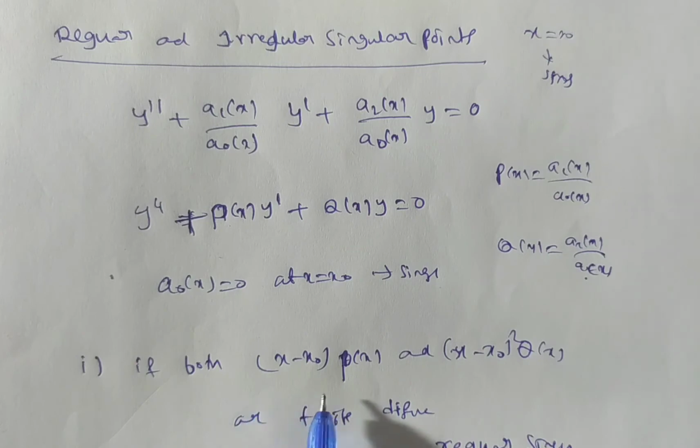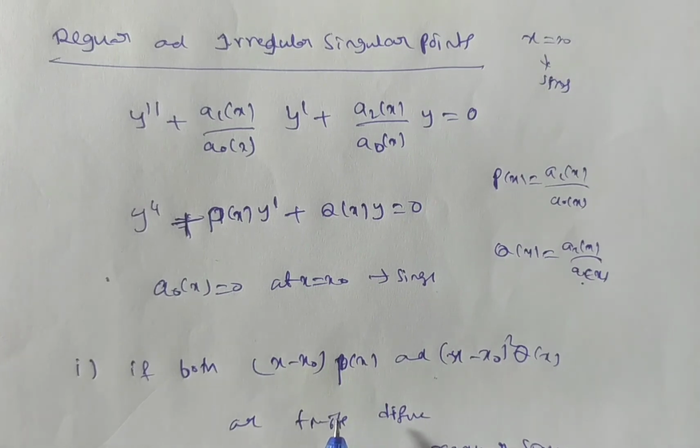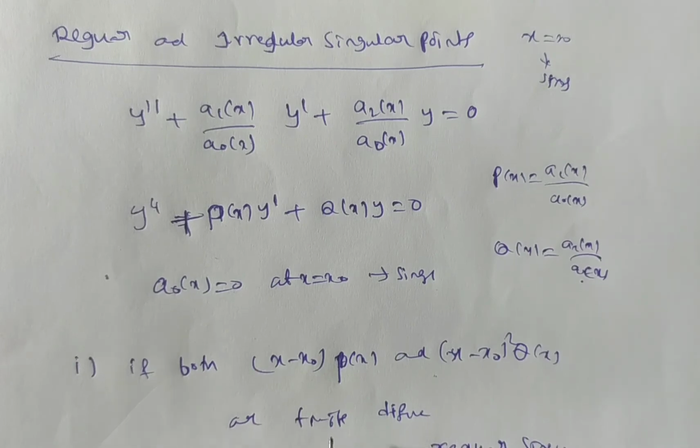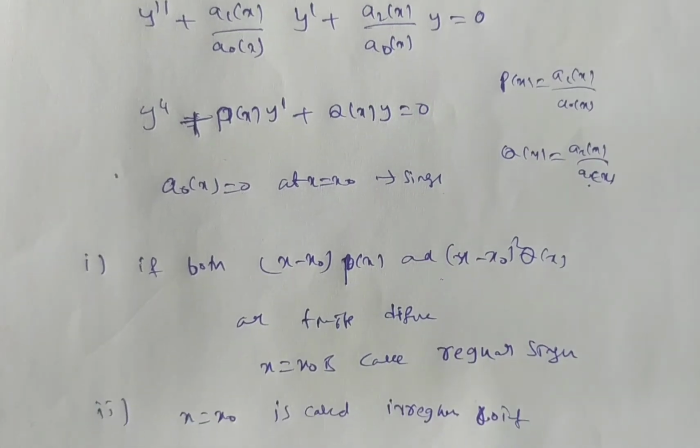At x is equal to x naught, if these two values are finite, then it is analytic, so it is a regular singular point. If you get infinity, that is, not defined and not finite, then x is equal to x naught is called an irregular singular point.